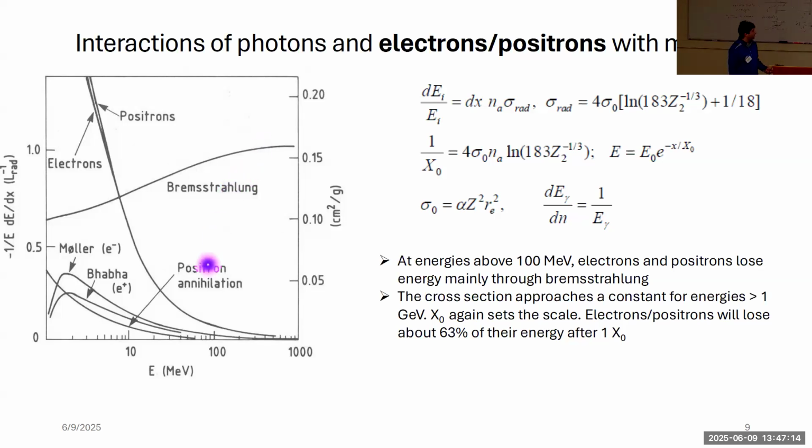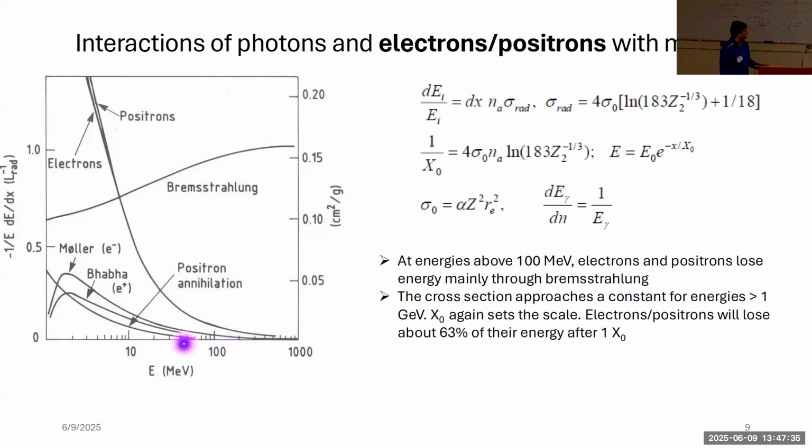And as you can see from this plot, if you go above, say, 100 MeV, or even a little lower depending on the medium, electrons and positrons lose almost all their energy through this Bremsstrahlung process, while having some small amount of ionization loss.